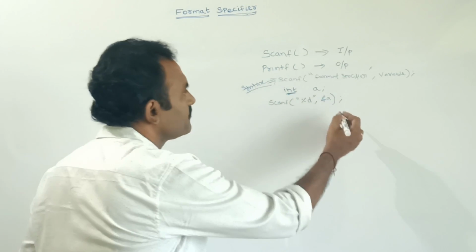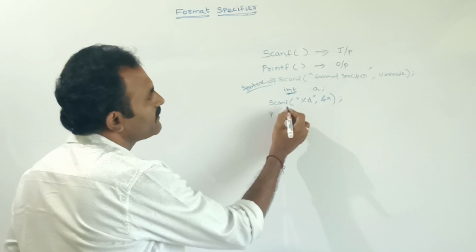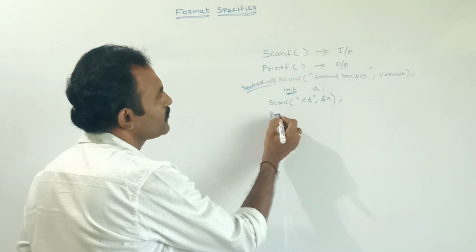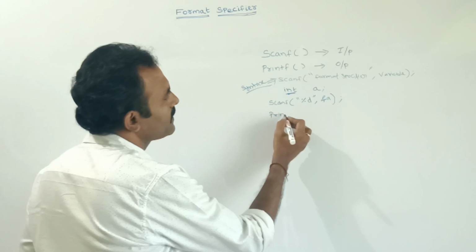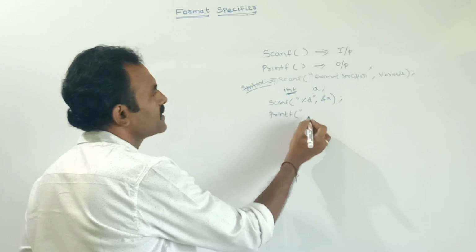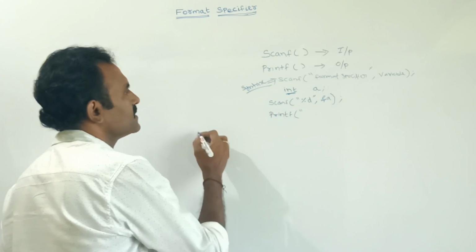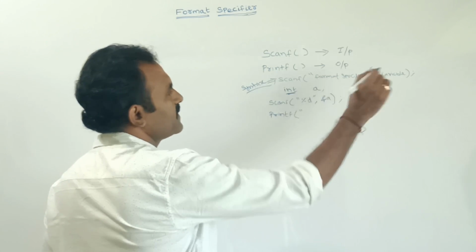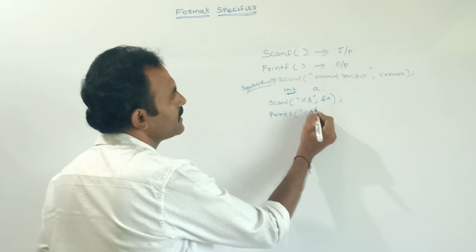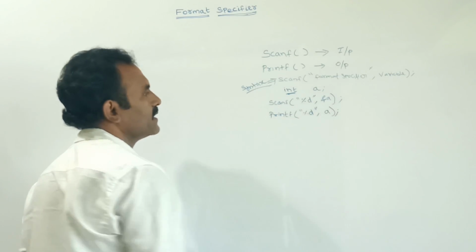Next, after storing some value to variable a, if I need to print that value, here I can use the printf function. For the printf function also the syntax is format specifier and variable name. Here the format specifier is %d and after that variable a, the variable name is a.